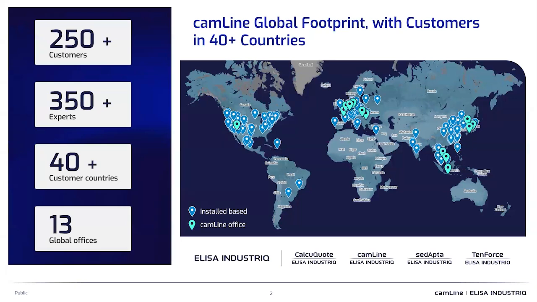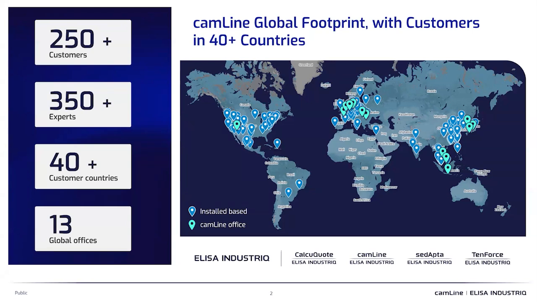First is some background about camLine. camLine was founded in 1989, and since then we have been providing reliable software solutions to more than 250 customers across more than 40 countries. We have more than 350 colleagues in 13 offices across the world.